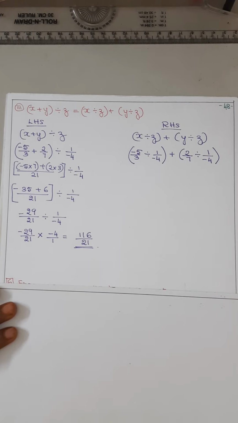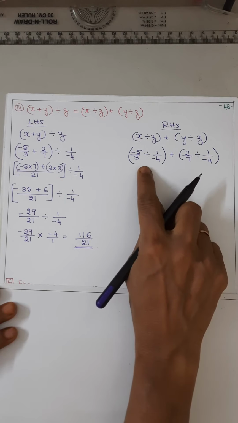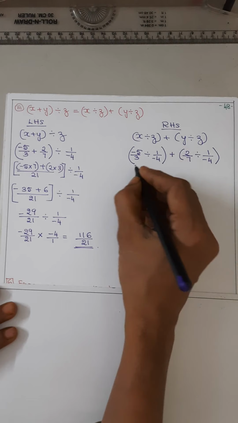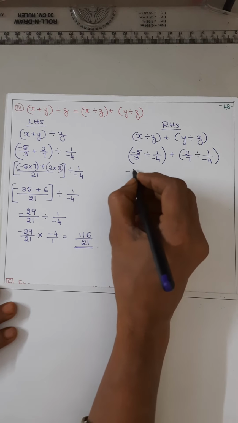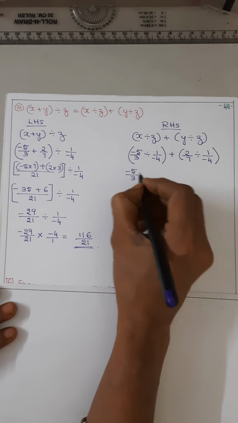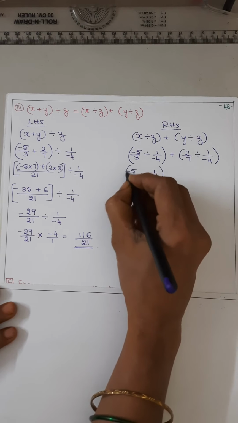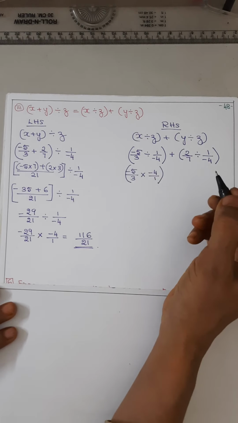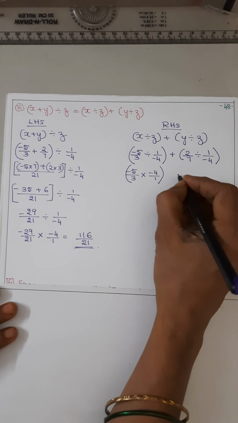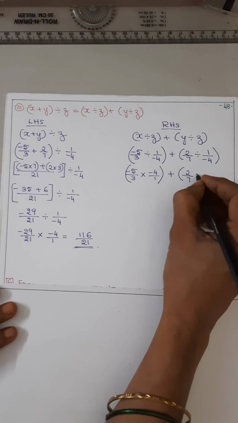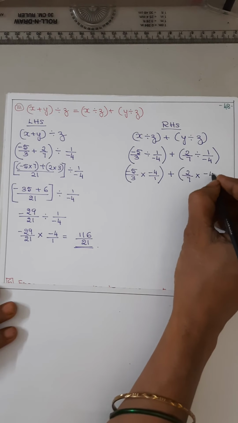Now on to the right hand side. First you have to solve these two. So first it is division. So minus 5 by 3 into minus 4 by 1 within the bracket. Now it is plus 2 by 7 into minus 4 by 1.